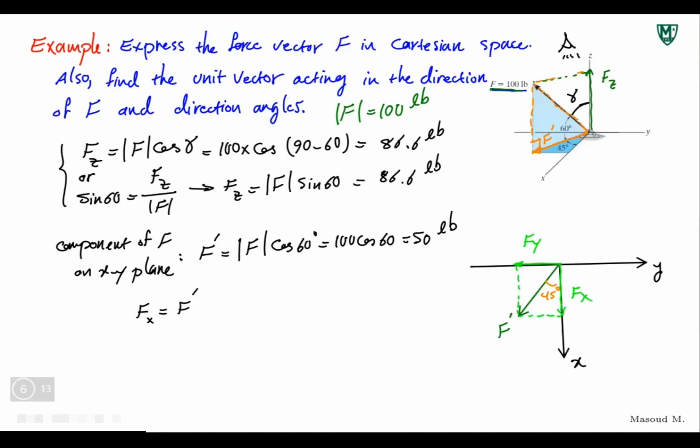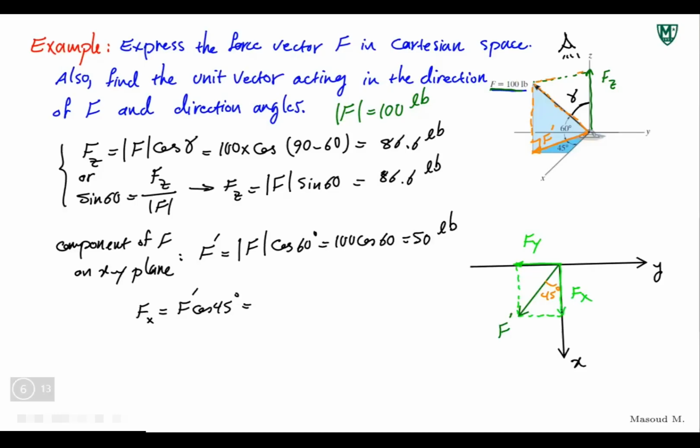Fx is F prime times cosine of 45. Be very comfortable with these angles and how to find the sides, adjacent and hypotenuse, knowing different angles in a right triangle.